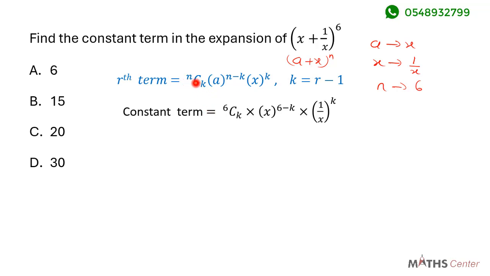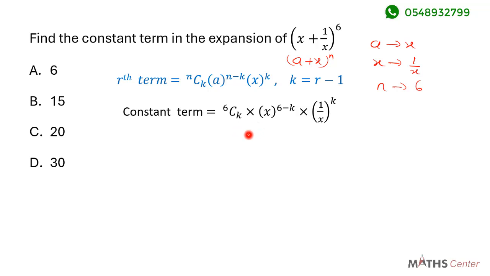When we do that, we are going to have n is 6, so 6 combination k. We don't have the value of k yet. So 6 combination k times a is the first term, and here the first term a is x. So x exponent n is 6, 6 minus k times x is the second term. Here the second term is 1 divided by x, so 1 divided by x^k.